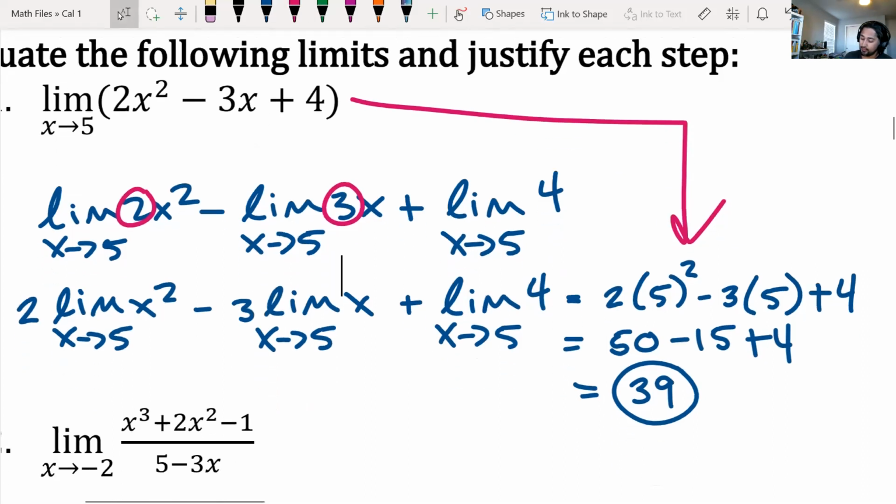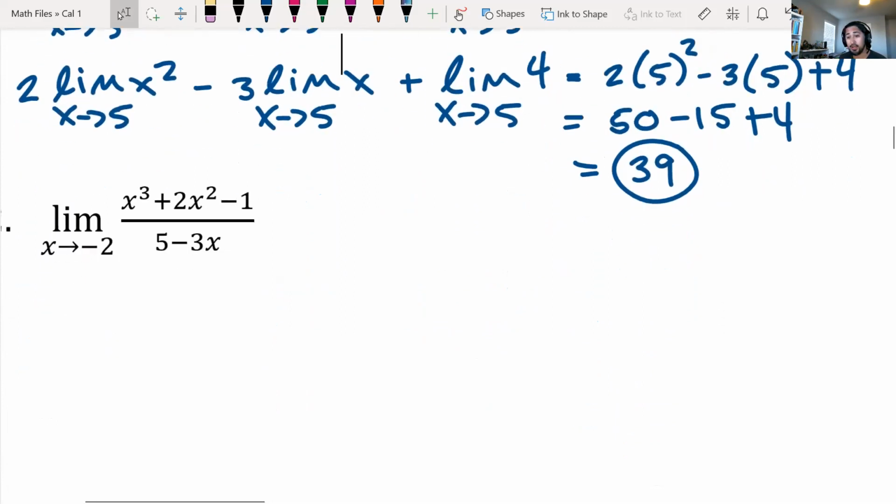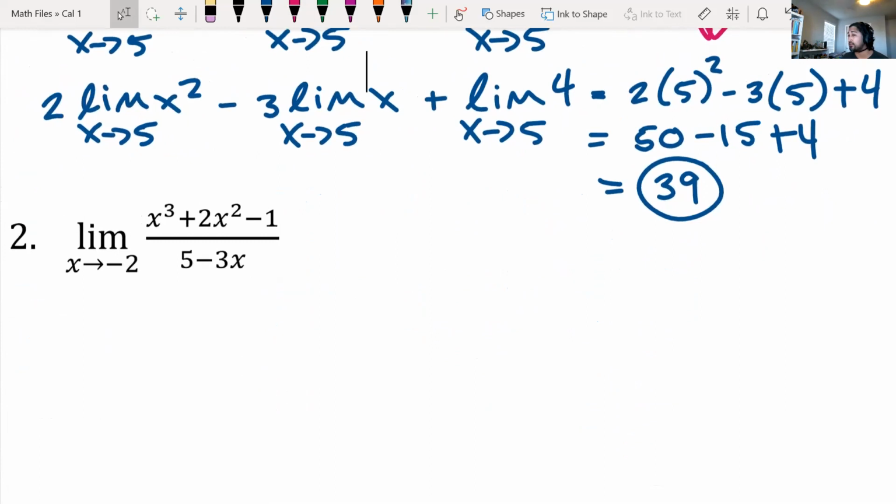Which means that for the next one, instead of doing all that work, for number 2, we have the limit as x approaches -2 of x cubed plus 2x squared minus 1 over 5 minus 3x. Go ahead and just plug in what number? -2. Perfect. I'm just going to rewrite it to be neat.